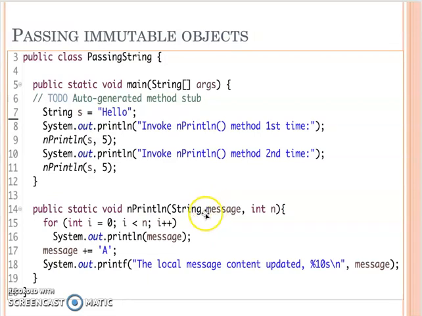Any immutable object, even though we still pass by reference, because the object's content cannot be changed, every time the reference is assigned, a copy of the object is made again. That's why any immutable object passed by reference through a method is passed by copy. So that's immutable objects and passing immutable objects through a method.